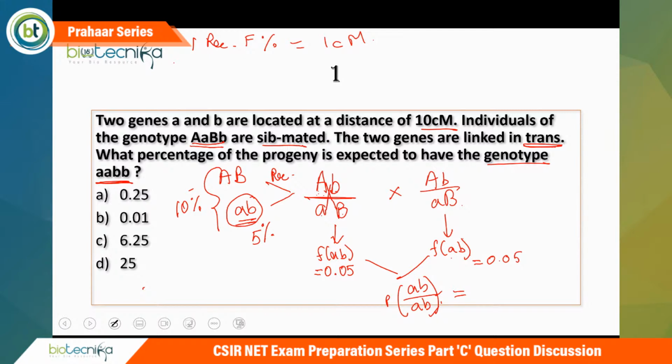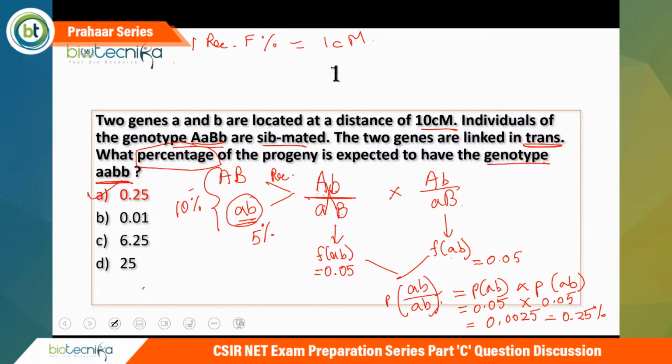So it will be the probability of getting small a, small b from one parent multiplied by the probability of getting small a, small b from the other parent. Here this is 0.05, and here this is 0.05. So it becomes 0.0025, which in terms of percentage, because the question asks for percentage, is 0.25%.